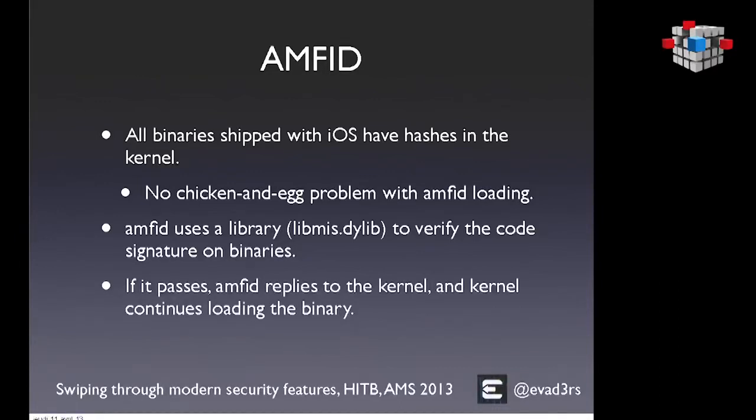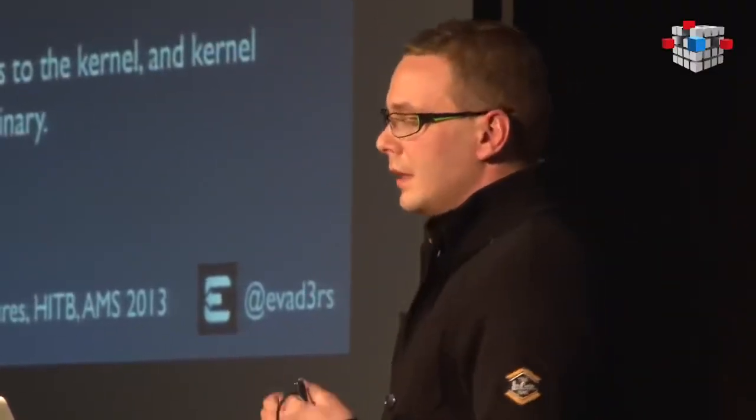In fact, it's the kernel verifying it. And AMFID, as I said, uses some kind of library to verify the code signature on binaries. If AMFID says OK, then the kernel will continue to load the binary no matter what, from a code signing point of view.